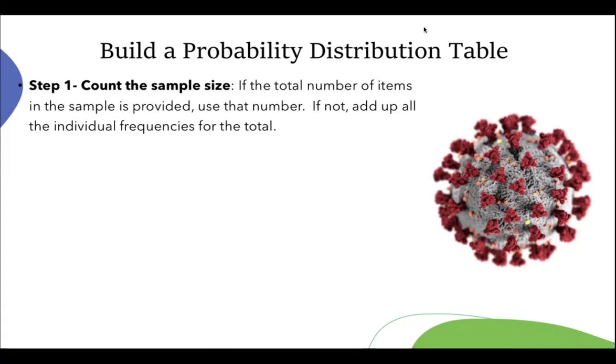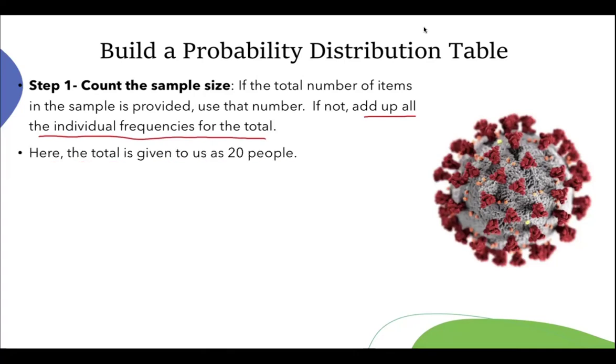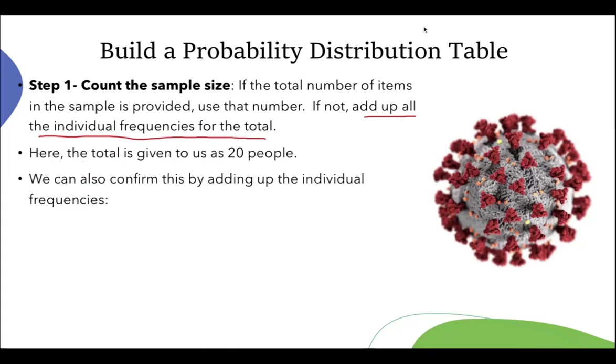If we were not given 20, we would have to add up all the individual frequencies for the total: the 2 people when X was 0, the 4 people when X was 1, and so forth, adding up each frequency, and this would sum up to our total. That's necessary before we can calculate any probabilities. We need to know the total, and we're going to use that to calculate the probabilities that come next.